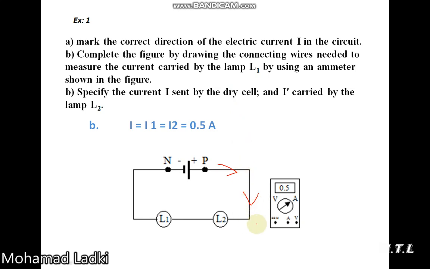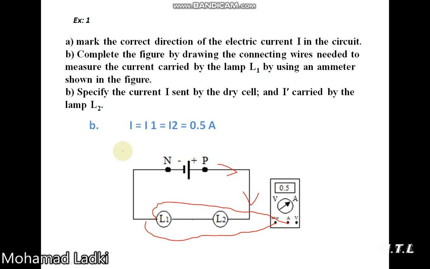So we connect the COM terminal to the negative pole of the battery, and A, because it's an ammeter, we can connect it here, so the ammeter will be beside the lamp L1. The ammeter is connected in series, so we can put it here or here, it is the same.